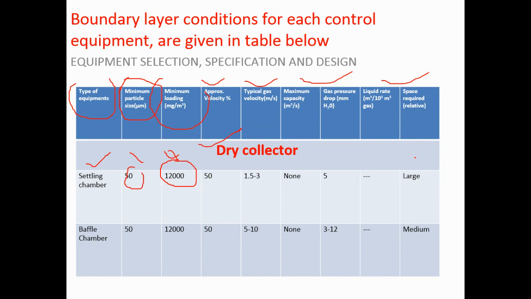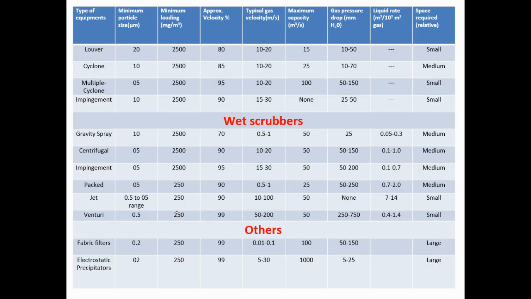Then what is the space required? The large space required means the settling chamber has low efficiency, because if the particle size is more, then we have to use this one. In the baffle chamber also, the medium size is reduced, both particle size is reduced and the required volume is increased.